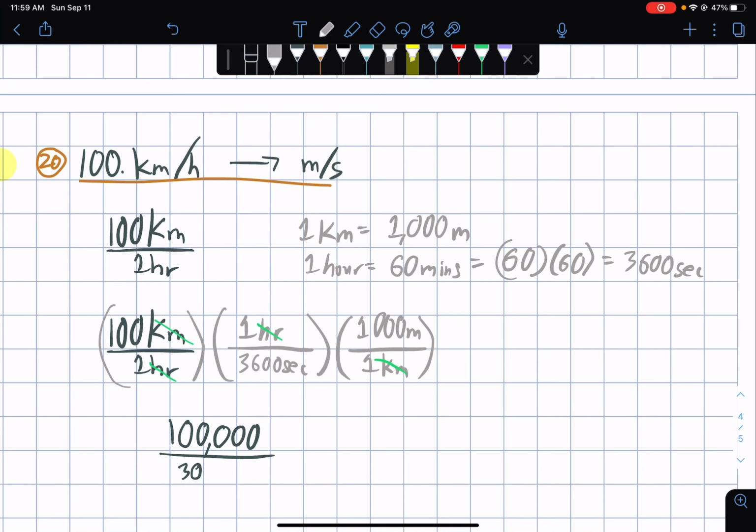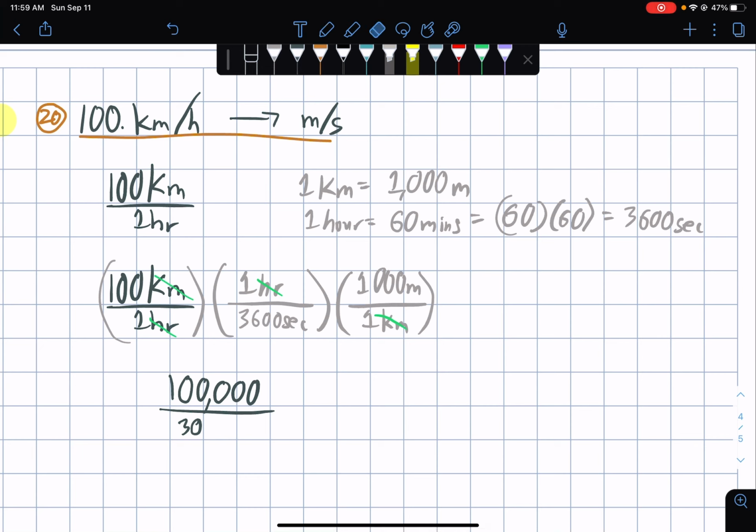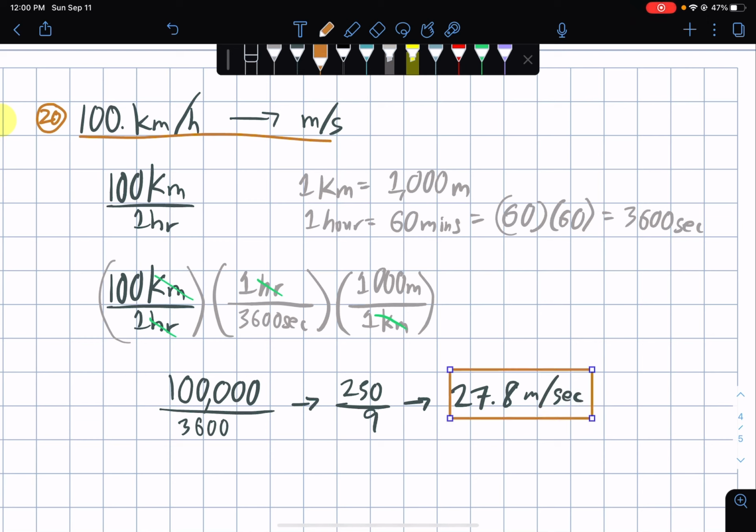But yeah, pardon me about that. So yeah, this is our unsimplified improper fraction. Simplify it, we get 250,000 over 9, which is not an appropriate answer. Again, we shouldn't write our answer in fraction form, so we get 27.8 meter per second. This is the final answer.